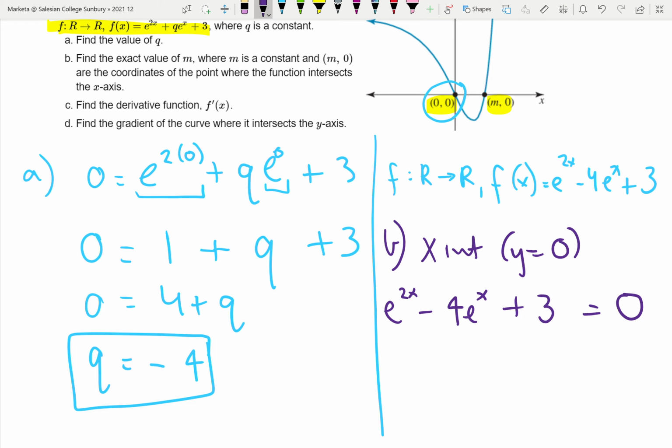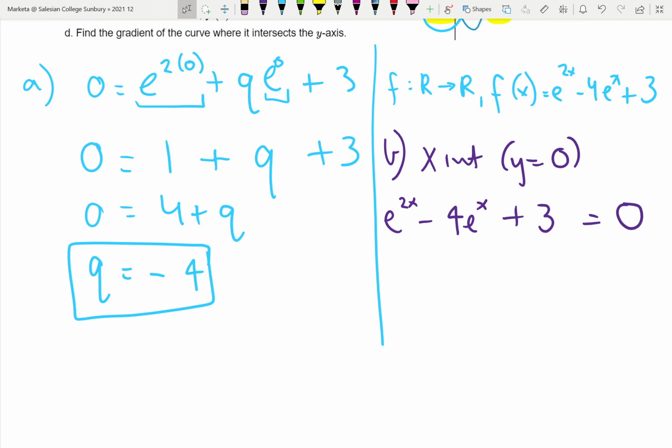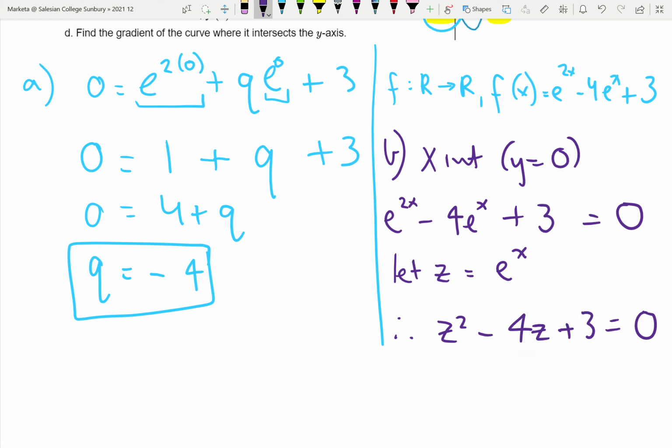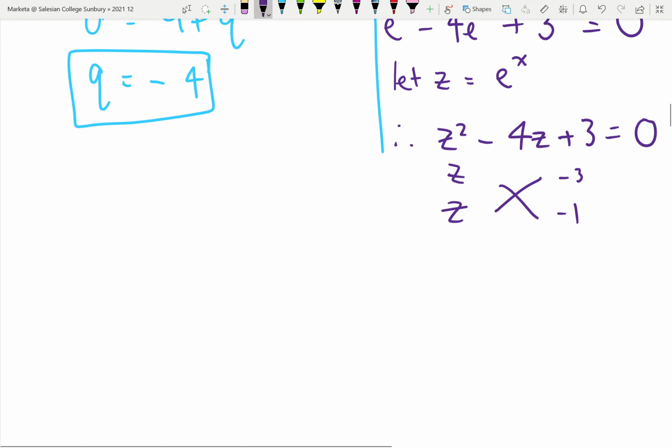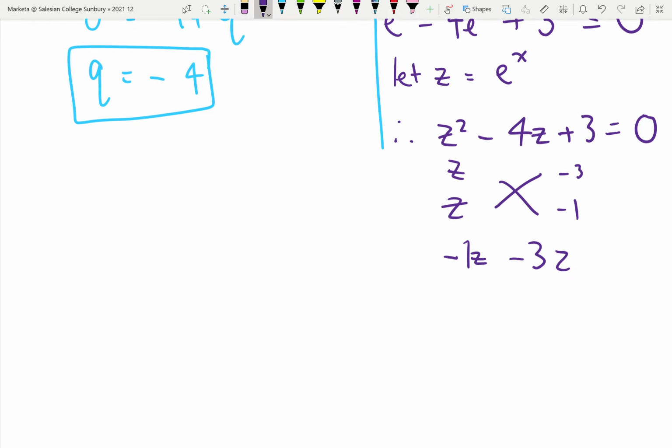By now you should be getting quite good at noticing the quadratic factorization. Let z = e^x. Therefore z² - 4z + 3 = 0. Z times z is z², and -3 times -1 is positive 3. -1z minus 3z equals -4z, yes, that's the middle term. So we have (z - 3)(z - 1) = 0.